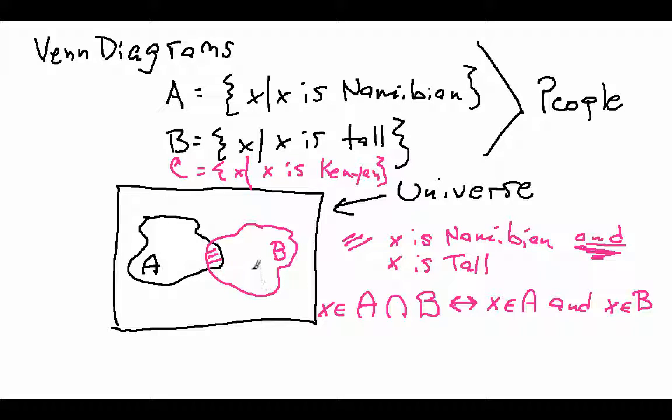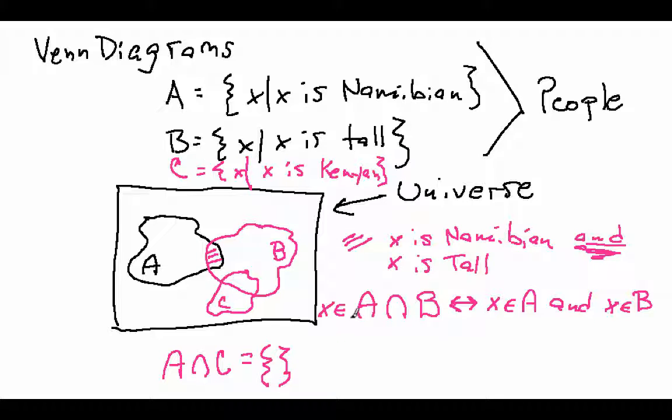Now it could be the case that here is the set C, so again, we see that there are some tall Kenyans, but if we were to look at A intersection C, this is the null set.